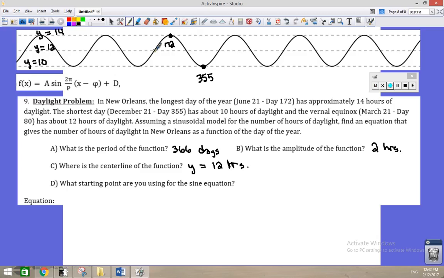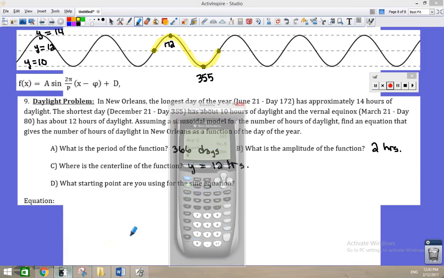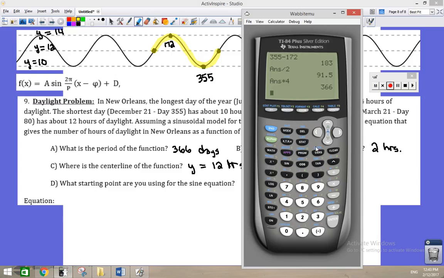So why not pick this point so that we have this is our cycle. Okay, so the 366 divided by 4 meant a spacing of 91.5.